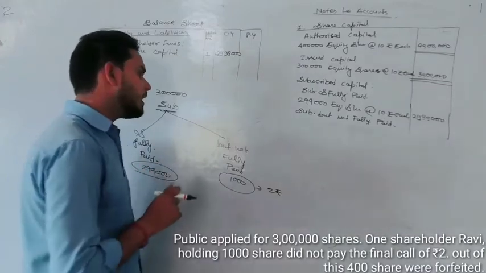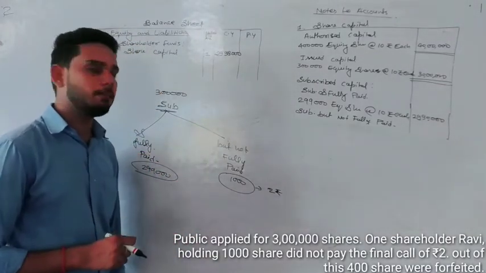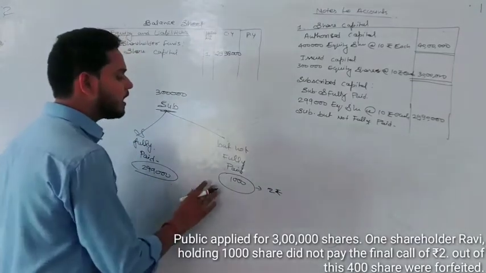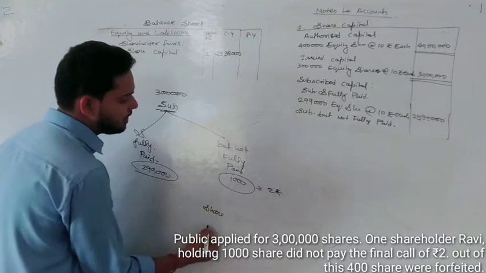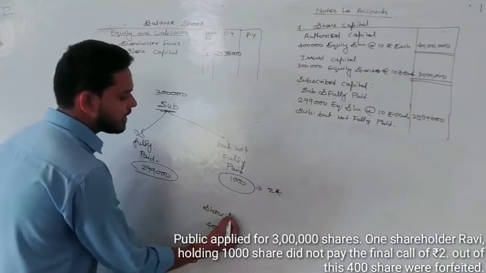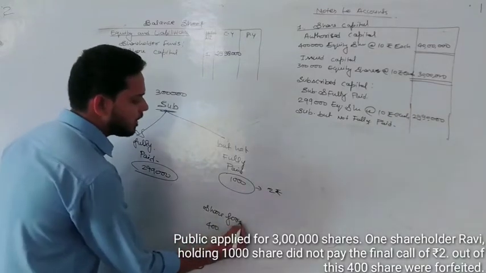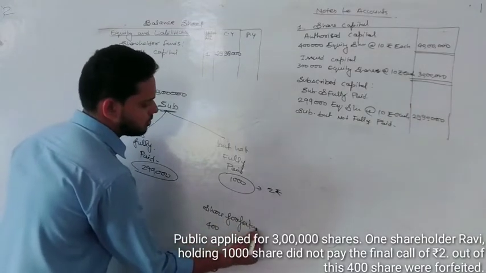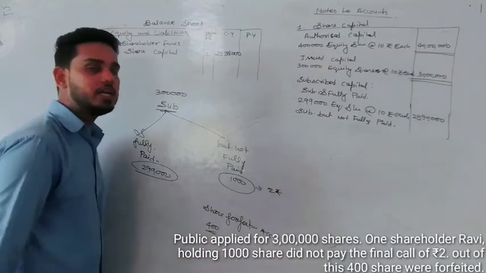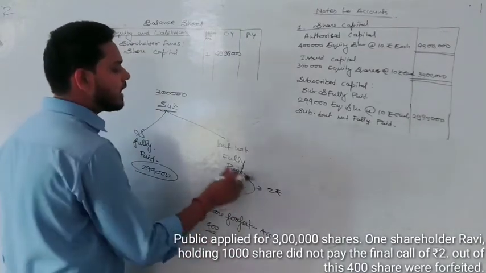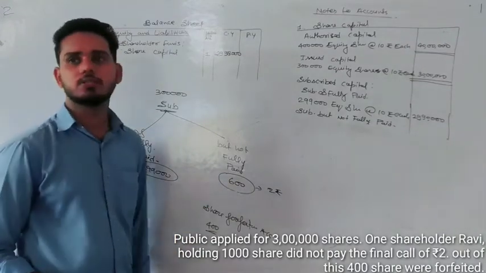Second, money is not received and the shares are forfeited by the company. From this 1000, the company forfeited 400 shares, so you classify 400 in another category known as share forfeiture account. So now subscribed but not fully paid has only 600 shares.